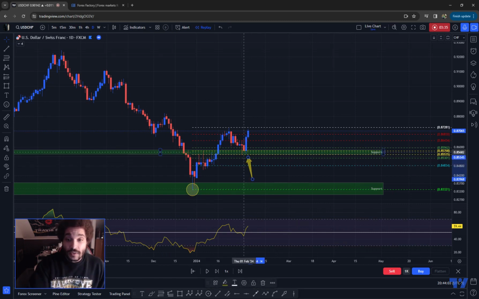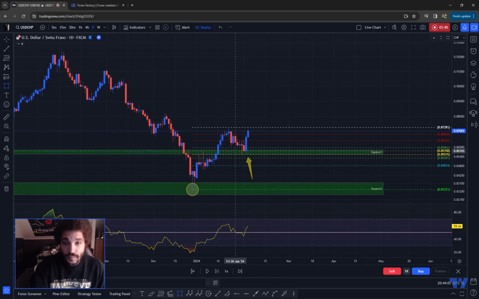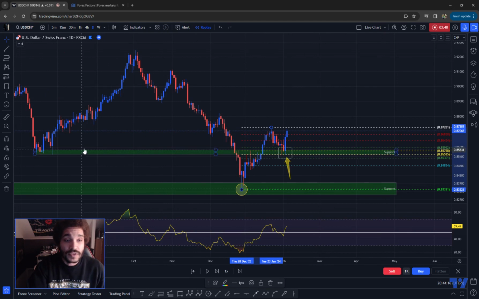So that right there was enough for price to be able to come down, correct in this zone, and it just so happened to use the support area perfectly, right? So let's go ahead and keep time going forward.